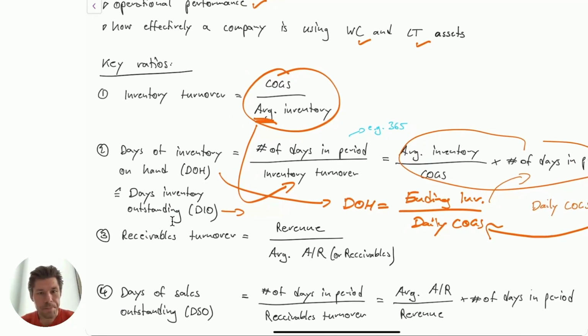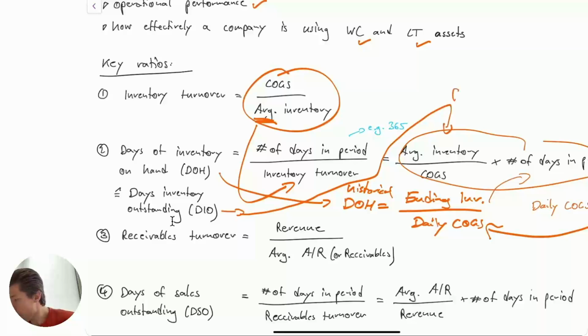Some say this one is more of a historical approach, and DOI, not DOH, is actually using average inventory and is more forward looking. But in the end, it basically explains the resources tied up in inventory.